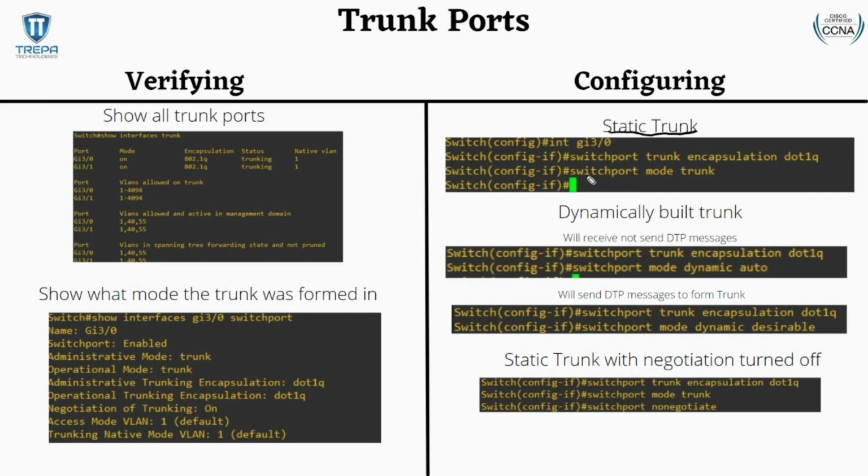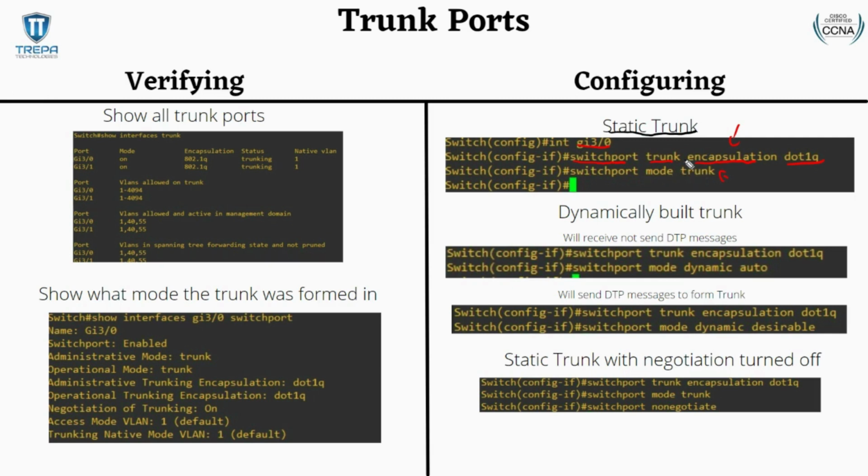What this means is that when we build that trunk, we get into our interface, that's the interface connecting us to the neighbor switch or neighbor router. And we're going to have to define what encapsulation we're using first. This is chronological, okay? Like I said, this is going to depend on your IOS, but if we don't put this command in first, defining the encapsulation method, on at least the lab environment switches we're using, it's not going to allow us to even put this command here, switchport mode trunk.